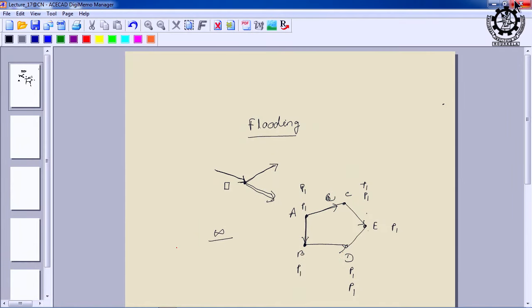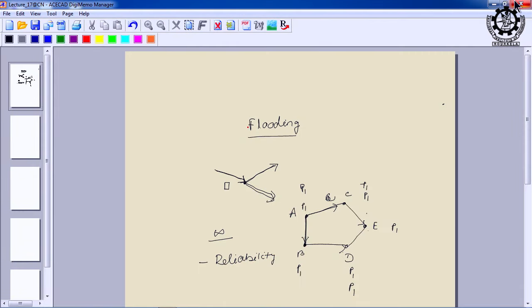What could be the positive strength of this kind of algorithm, flooding? Reliability. The number of packets is so large that at least any receiver is expected to receive a packet from some path. So usually in defense or in many military fields, this kind of routing is preferred.